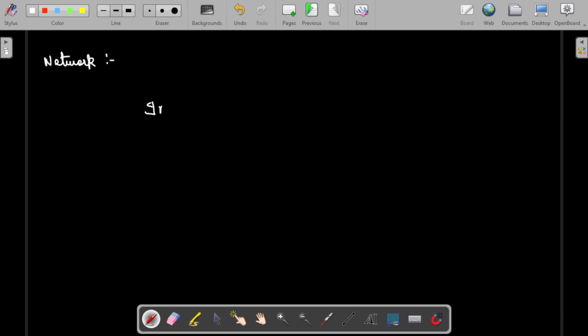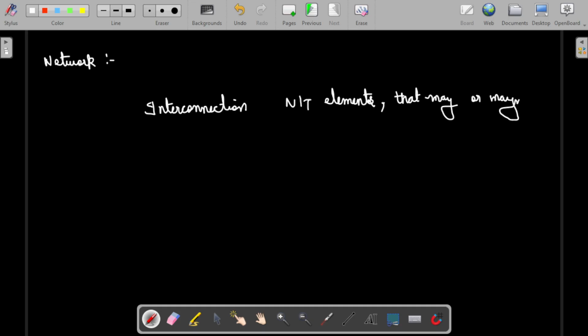An interconnection of network elements that may or may not have the closed path. This is what we have to take into account.